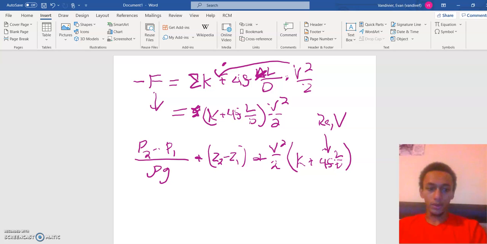And we know the Reynolds number: Reynolds number is equal to rho V D over U.